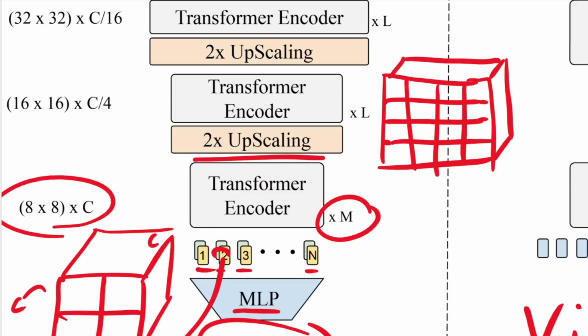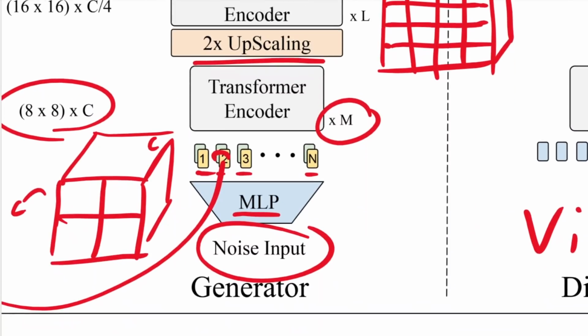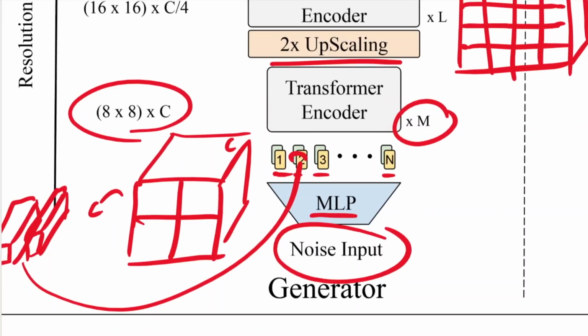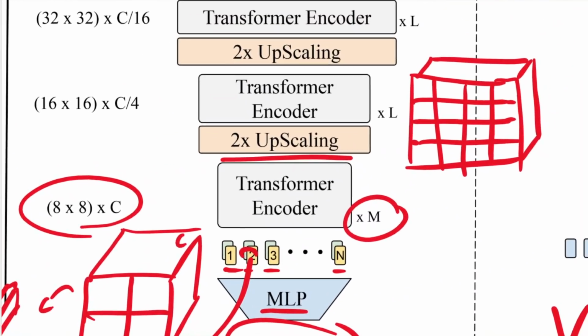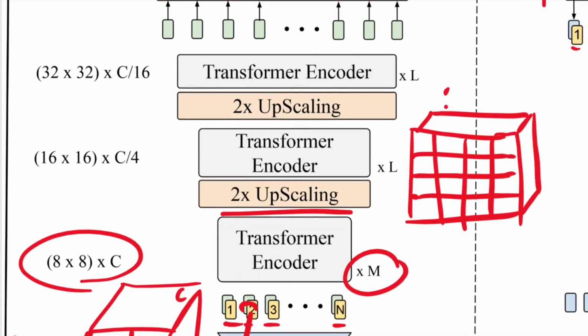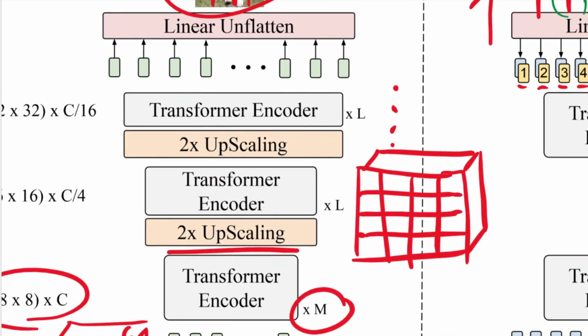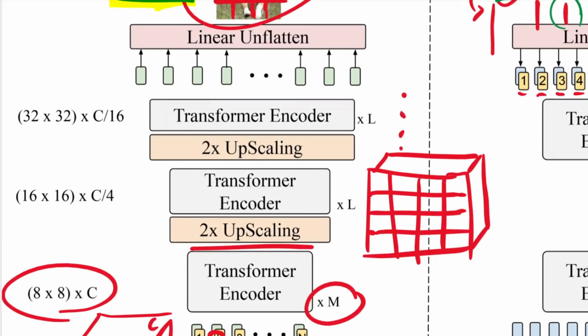So the way they save memory is that they start out with many channels, but very coarse resolution, and progressively as they go up the layers, they upsample so that they have more resolution but fewer channels. Okay, and so this is very much like the convolutional GANs do.